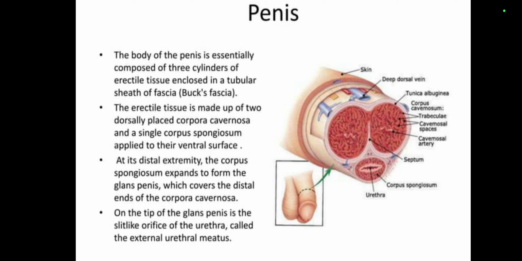The glans penis is the head of the penis, which covers the distal end of the corpora cavernosa. That's the reason when the penis erects, the glans or head is very visible, because of the spongy tissue called corpus spongiosum.